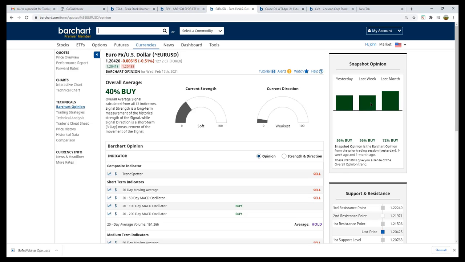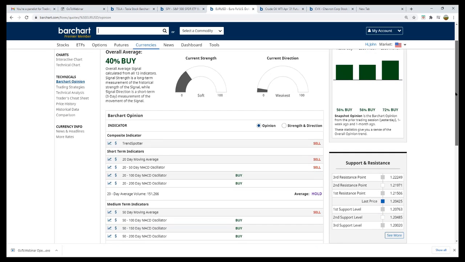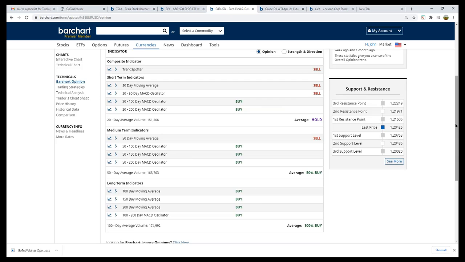And we can see that our strength, our trend, is low. And not only that, but our current direction, our momentum, is really weak. We've lost a lot of momentum in this. And notice that a lot of our signals that were buy signals have now switched to sell or hold signals, okay?